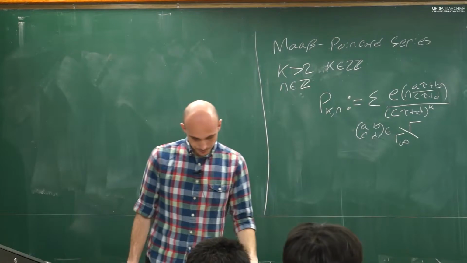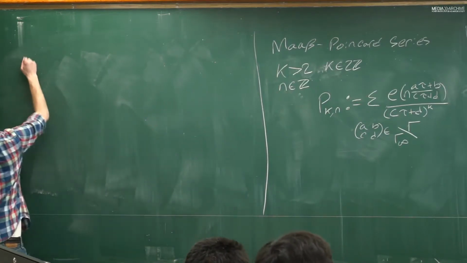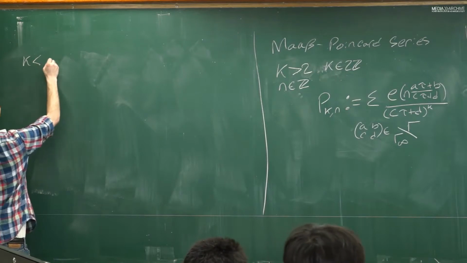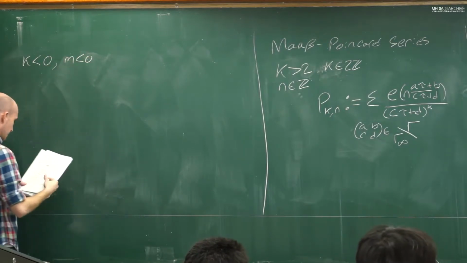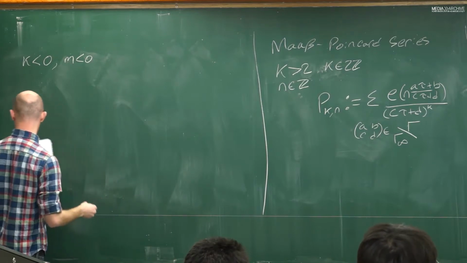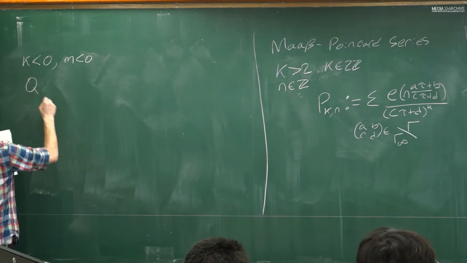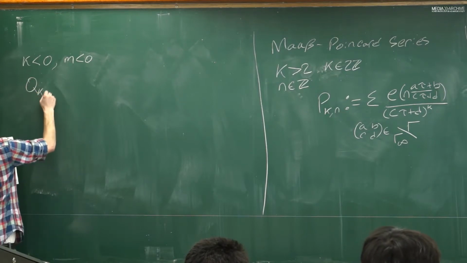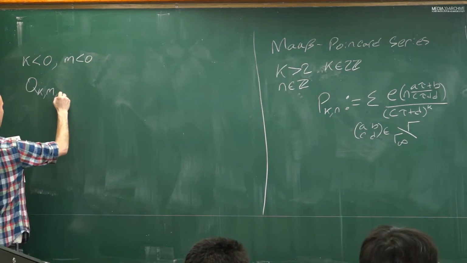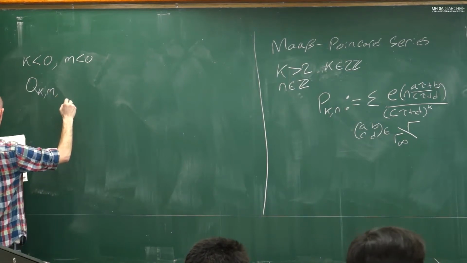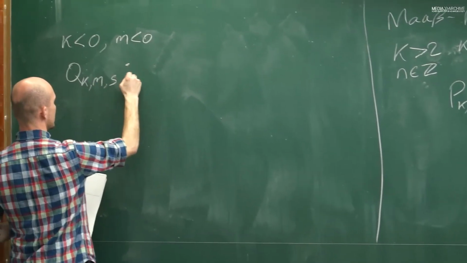Okay. So now, again, we have k less than 0, m less than 0. Let's define this Poincare series. I'll use a Q this time, Q sub k,m, and let me leave the s in here for the moment.